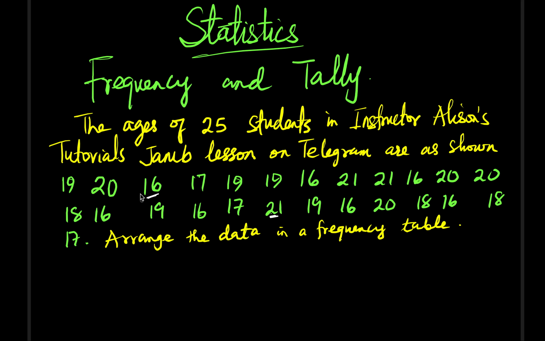So first thing first, I want to sort out this data. For me to sort it out appropriately, the first thing is to start with the smallest number. So I will have 16. I ask myself, how many 16 do I have here? This is the first one. Maybe I'll use a symbol to indicate all the 16 so that I can easily count. This is the second 16, the third 16, the fourth 16.